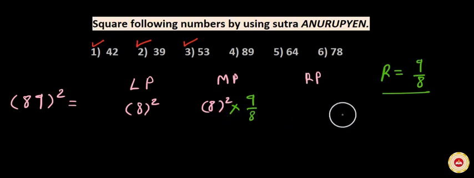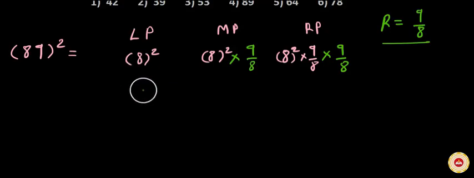Middle part multiplied by ratio. What is the middle part? 8 square multiplied by 9 by 8. This is the middle part. Now multiply this middle part by 9 upon 8. Now let us solve it. 8 square. What is 8 square?